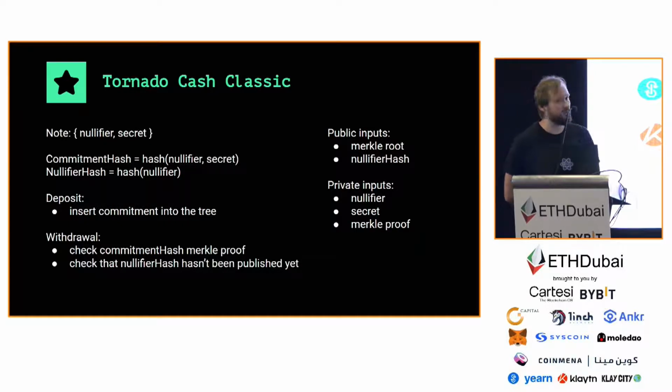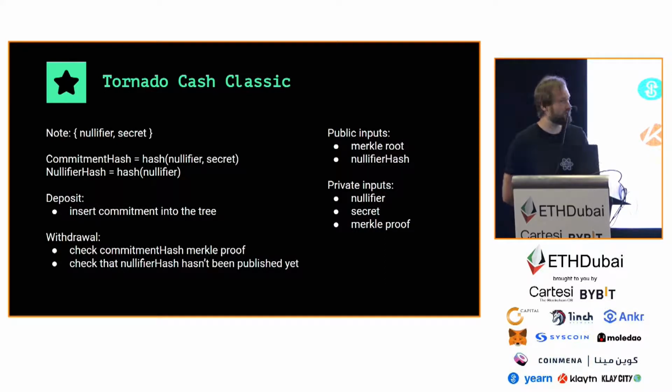If you hash only 1 of those random numbers, you get the nullifier hash that is linked to your commitment hash, but for an external observer, they look like two entirely different numbers. So only you know this connection. When you do a deposit, you send this commitment along with Ether, and it gets inserted into the tree.